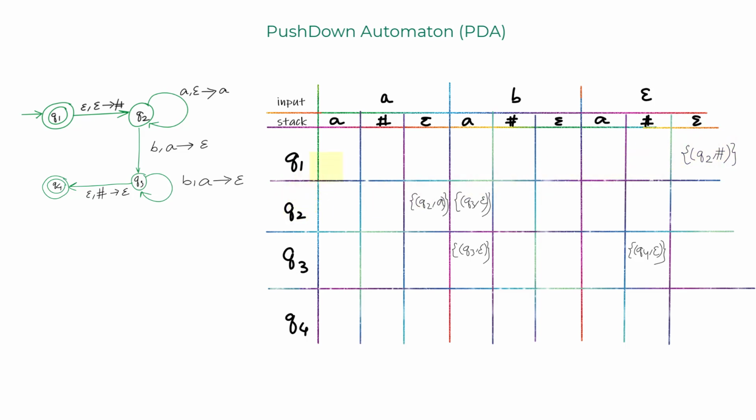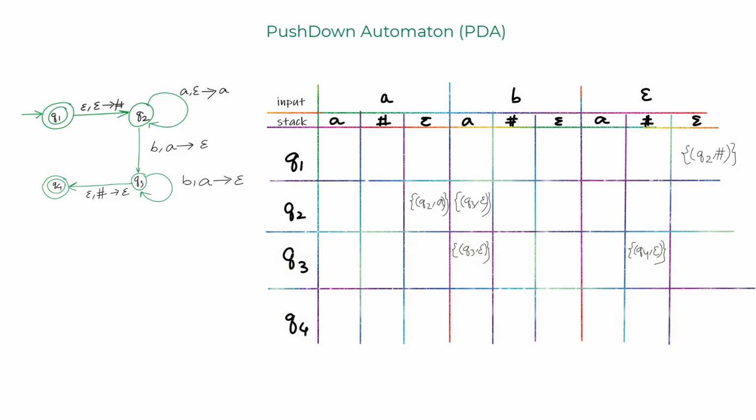Q2 with input character a and stack character epsilon pushes an a to the stack and loops back to Q2. If Q2 receives input character b, the PDA pops the character a and replaces it with epsilon. You repeat the same with Q3 and Q4 and you arrive at this transition table.